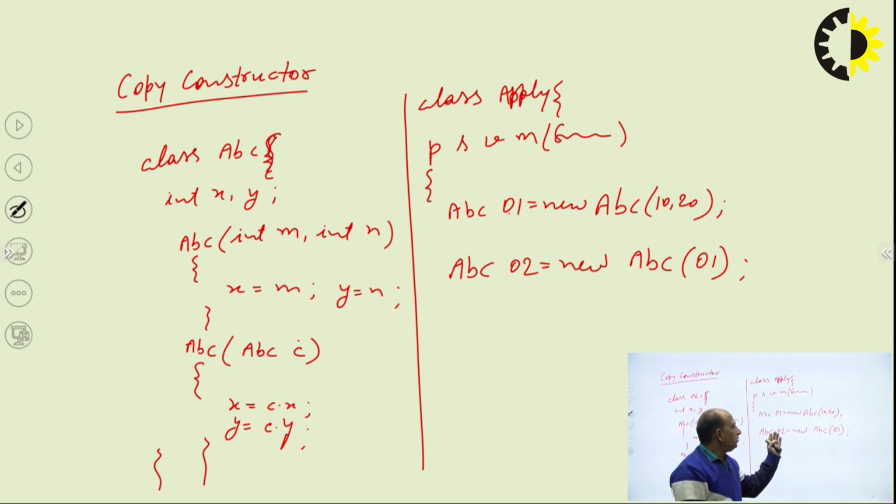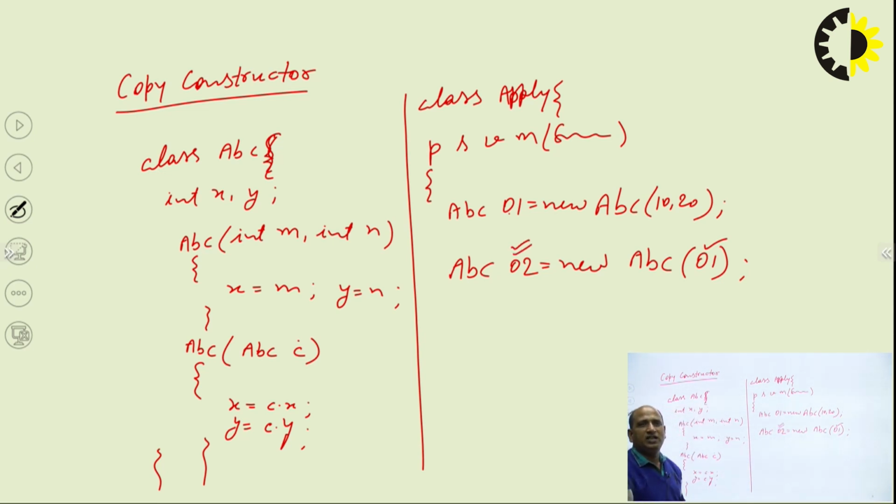So now o1 has been passed to this constructor, means o1 dot x, the x value associated with o1, will be assigned to the x associated with o2.